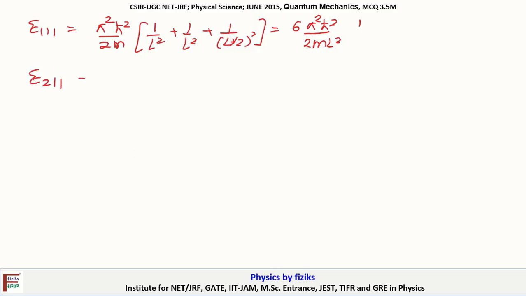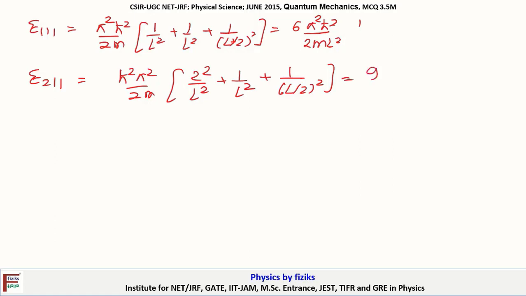E21 would be pi square h cut square by 2m into 2 square by L square plus 1 by L square plus 1 by L by 2 square, which equals 9 pi square h cut square by 2 m L square.